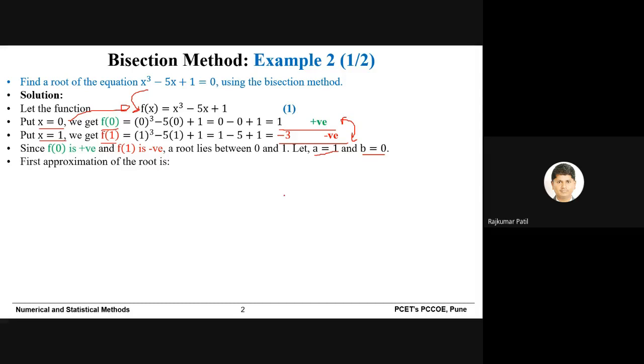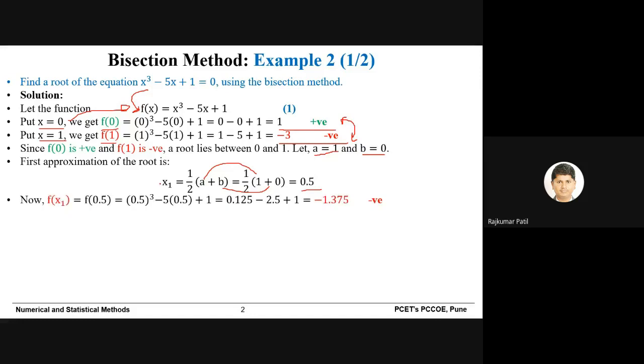Then we will use the bisection method and calculate the first approximation as x1 is equal to 1 by 2 (a plus b). So put the values of a and b into the equation and you will get x1 as 0.5. Then we will also calculate f of x1, that is f of 0.5.